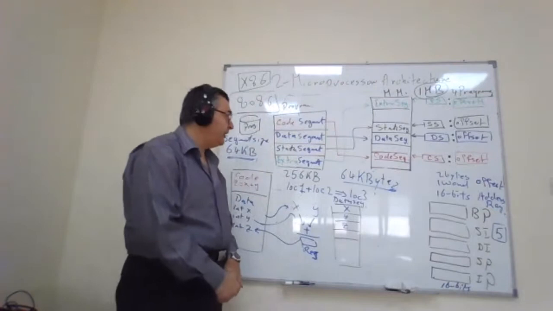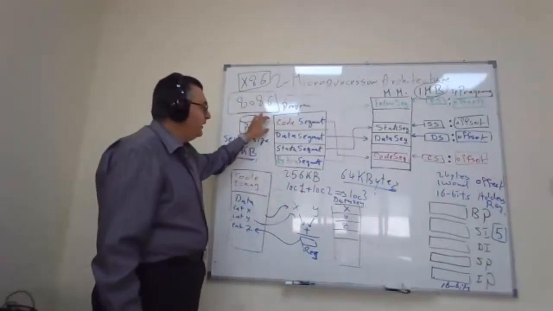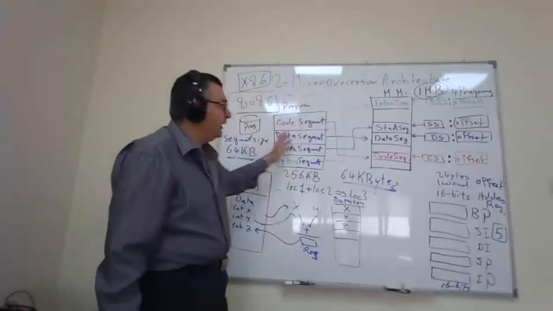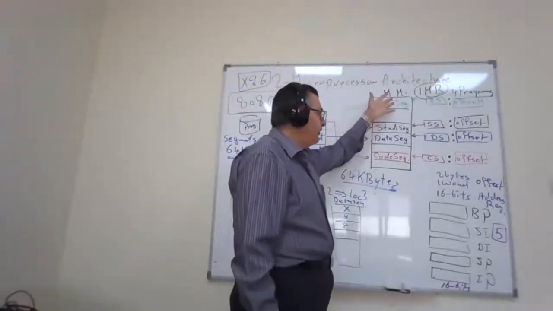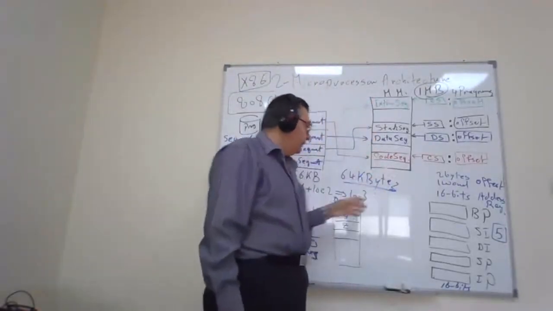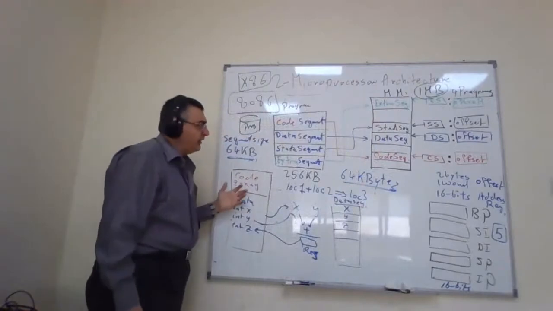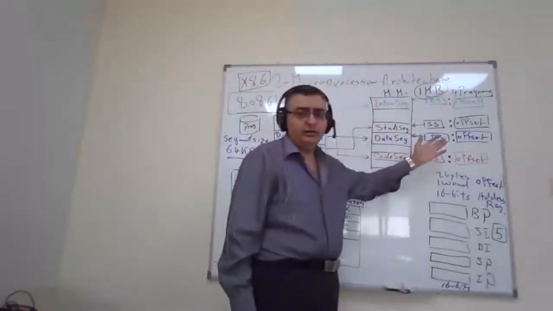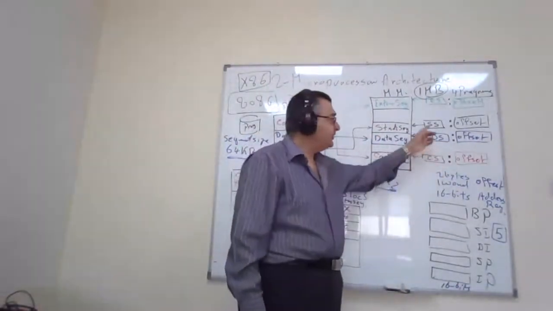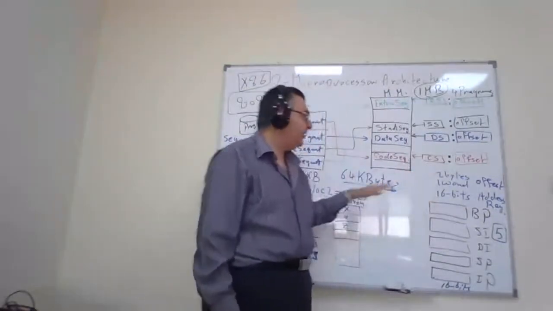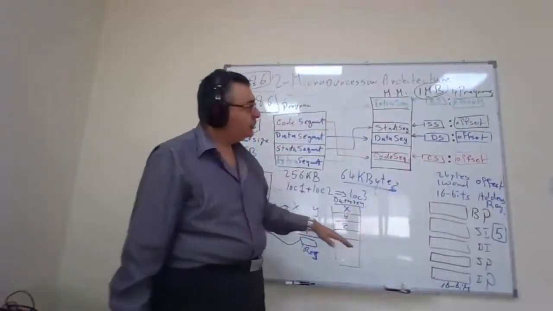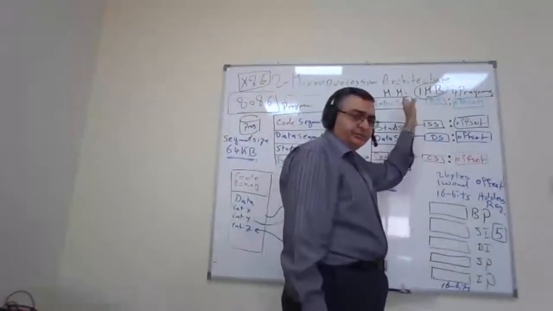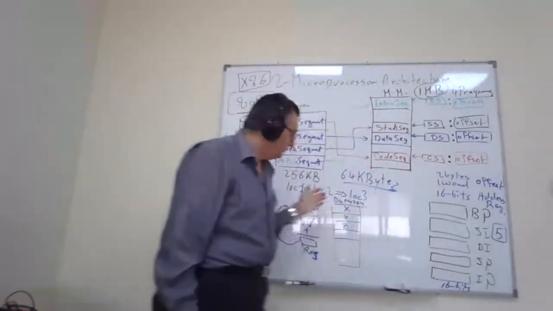In the last lecture, we described the different segments of any program and how they are laid out inside the main memory. We also covered how, from an offset address and a segment address, I can create a physical address to access the bytes in the memory.